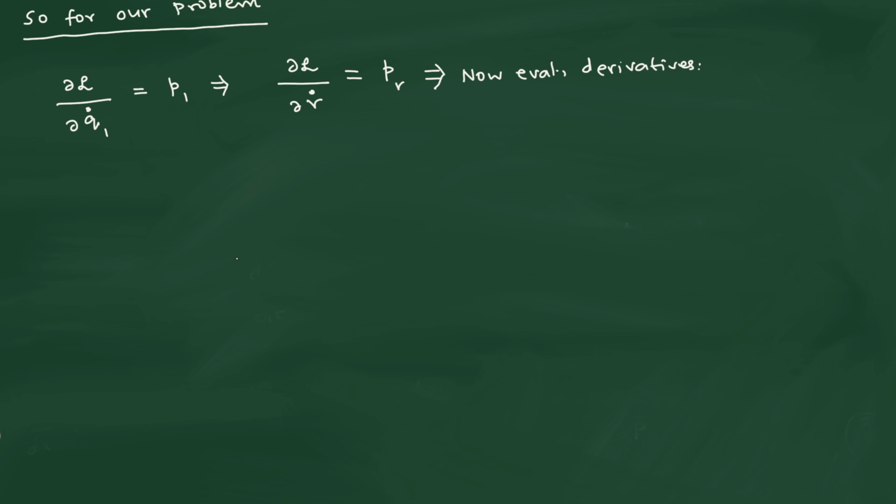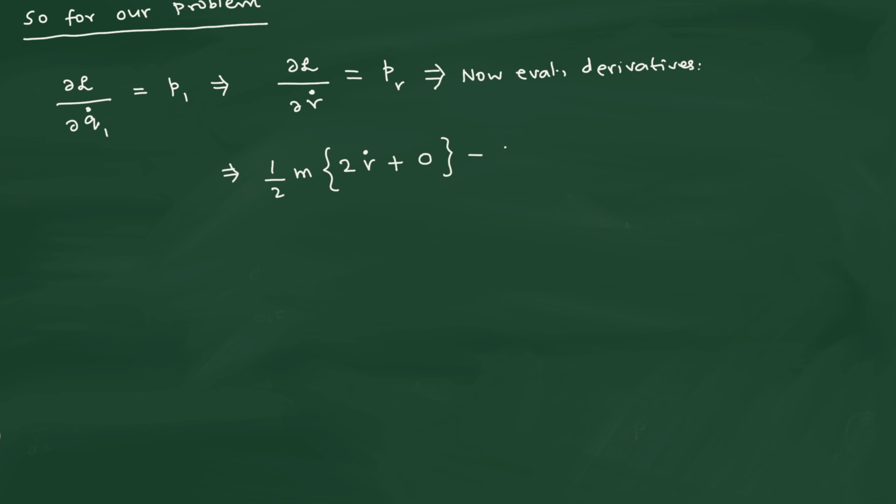So the partial derivative of the Lagrangian with respect to r dot is given by, there is a half here, then there was an m, open bracket, then there was an r dot square, so I will be getting 2 times r dot, plus the next term, which is actually r square theta dot. There is no dependence on r dot, and therefore that will be equal to 0. Then you have minus k times r.